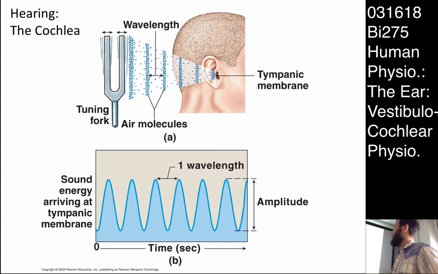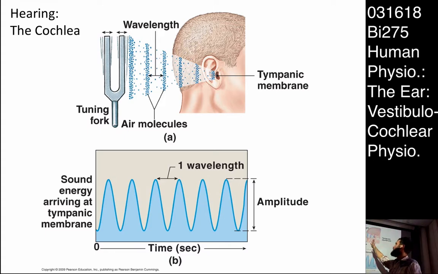All right, but the pressure waves have a certain frequency to them, right? And what is frequency? Frequency is just how many waves per second. The unit of per second is hertz. The inverse of which is simply wavelength.